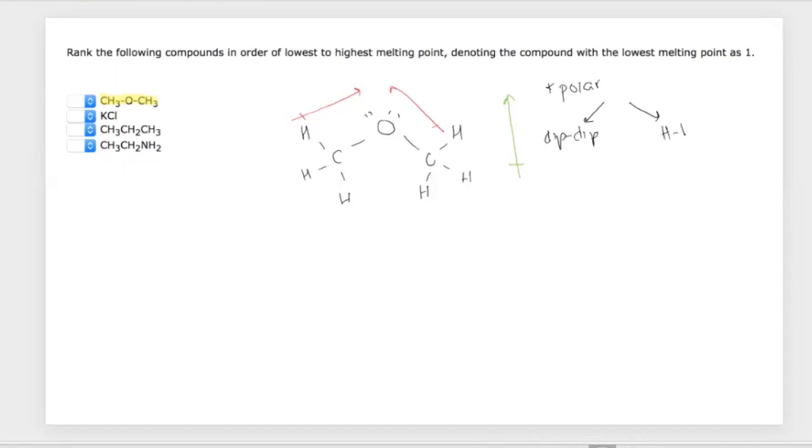Or are we looking at something stronger? Are we looking at H bonding? So we have to make that decision. And we can do that by seeing if there are any HFON bonds. Now we do see hydrogens here, but they're bound to a carbon. An H-C bond is not strong enough for hydrogen bonding. And as a result, what we see here is only dipole-dipole interactions.